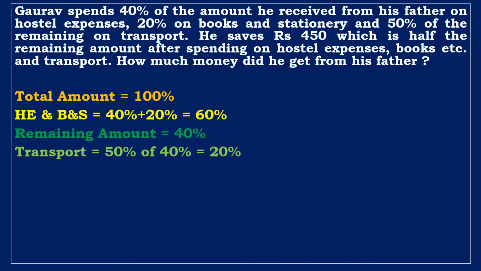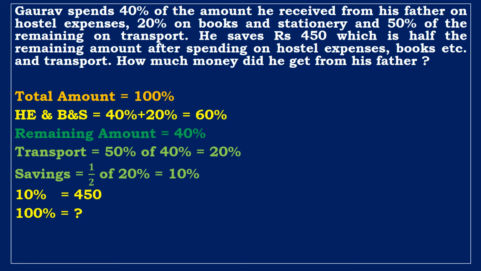So far, he has spent 60% plus 20%, for a total of 80%. From the remaining 20%, the savings are equal to half of the 20%, or 10%. According to the question, this 10% is rupees 450. So, 100% equals 4,500 rupees.